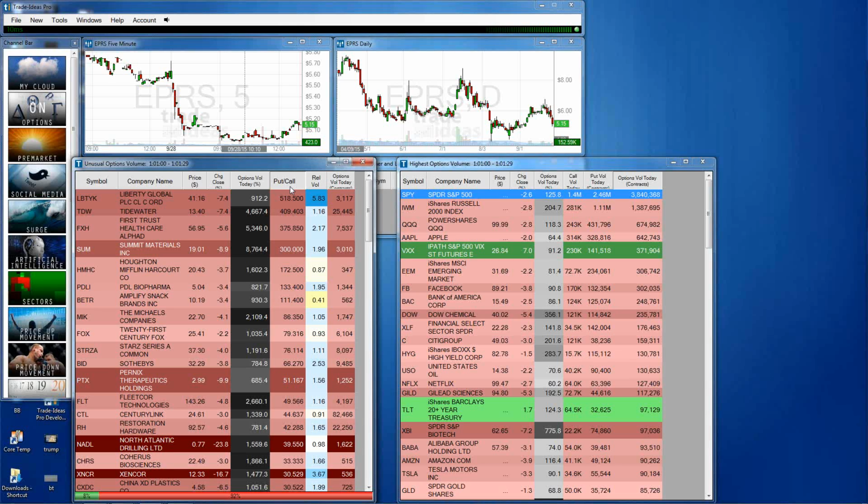Not all the time, because if the put activity is extremely high, there's always another side to that trade. There's sellers of the puts and there's buyers of the puts. But obviously, if there weren't enough buyers to offset the sellers, we'd see another adjustment down. So sometimes that can be a good turning indicator.